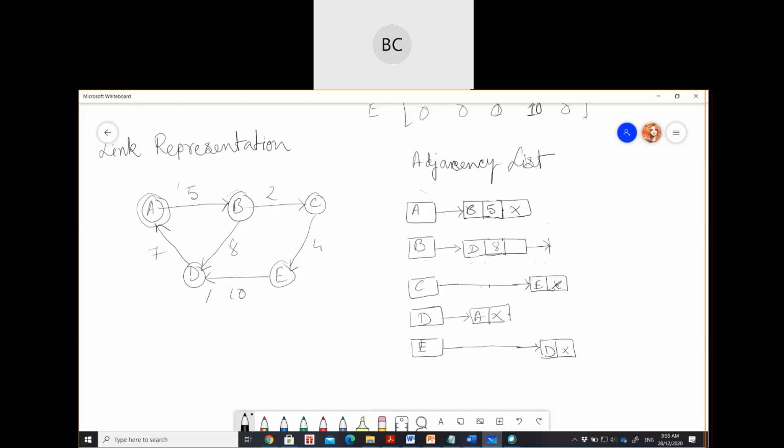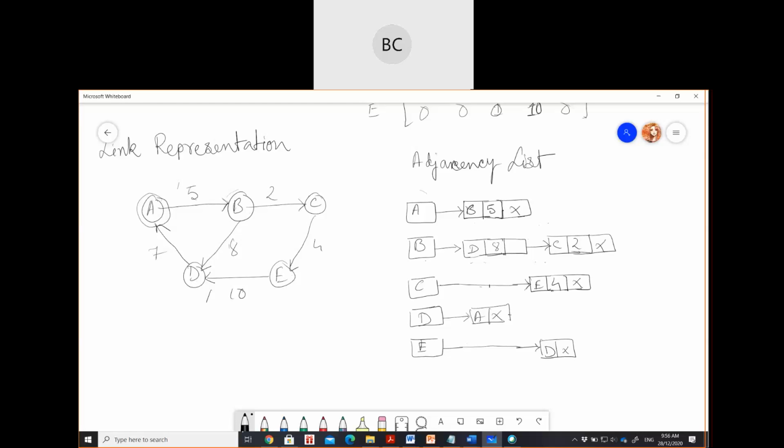Then you can also go to C. The cost to go to C is 2. Last is cross. From C you can go to E, but now we have extra cost, so you need to write that cost as well. So write just the cost of that particular edge.